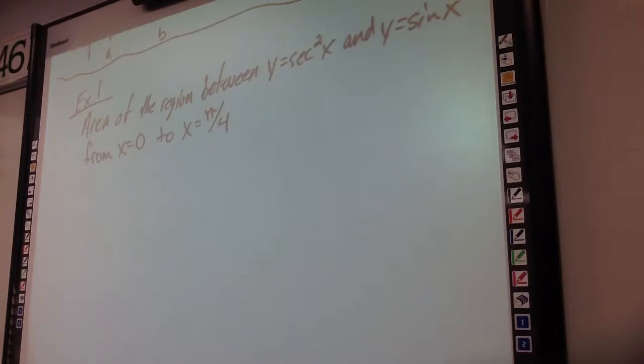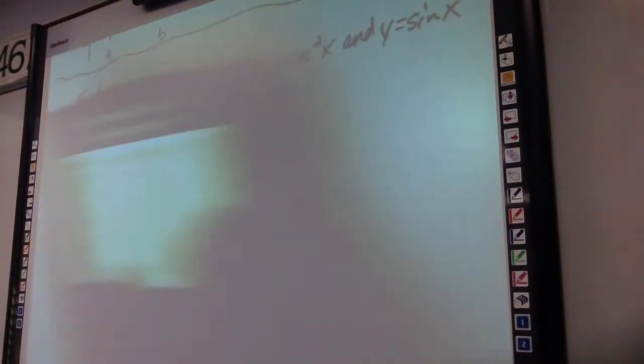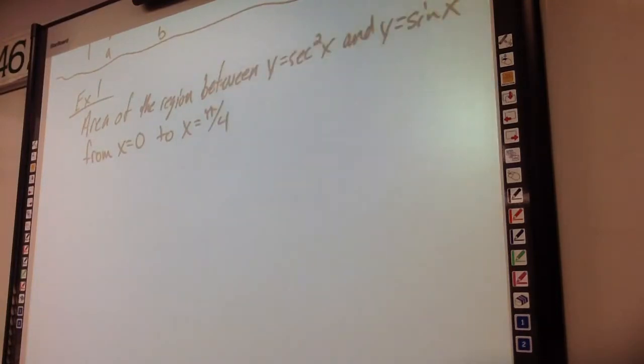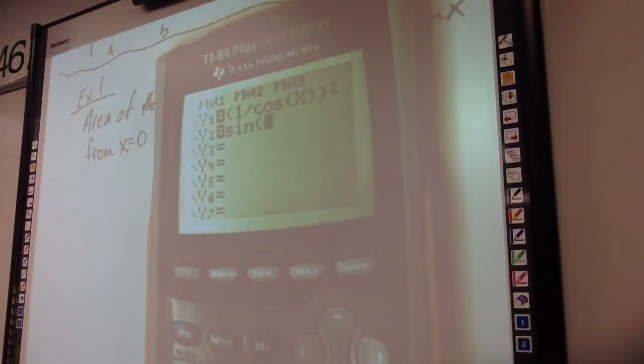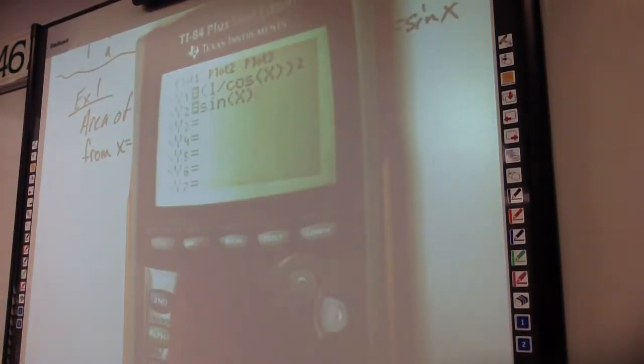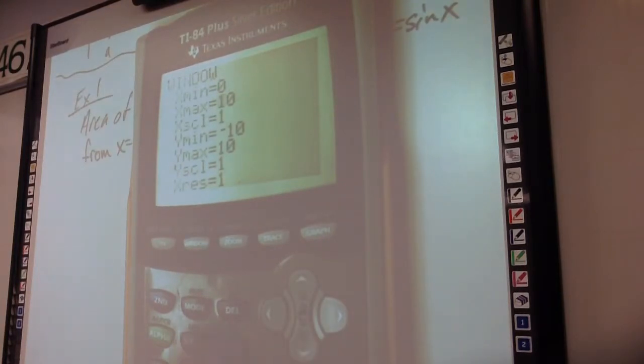Does anyone want to see what that would look like, or can we just proceed without a graph? You'd like to see it, just out of curiosity? All right. So secant squared, that's 1 over the cosine of x squared, and sine x. In my window, I'm just going to go from 0 to pi over 4 on x, and we'll just leave that the same graph.